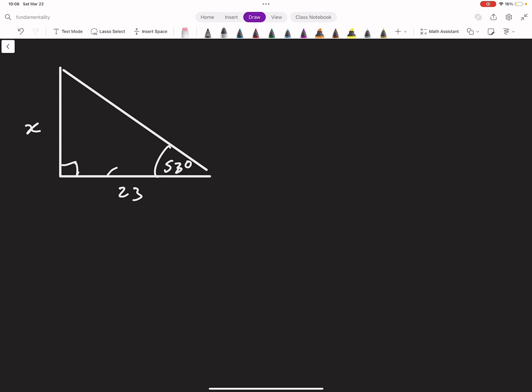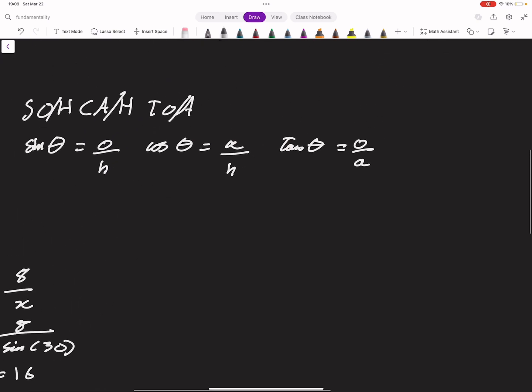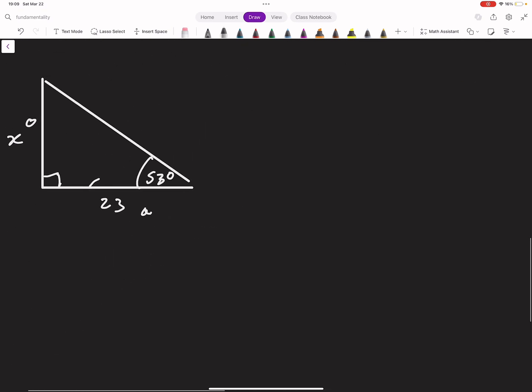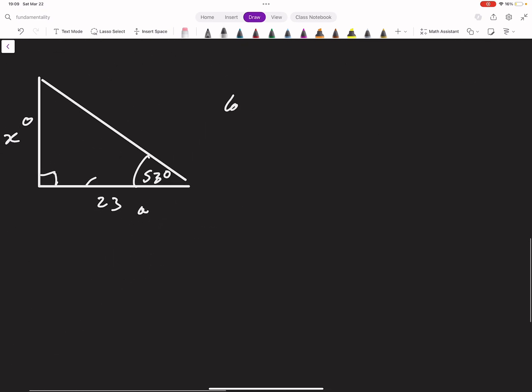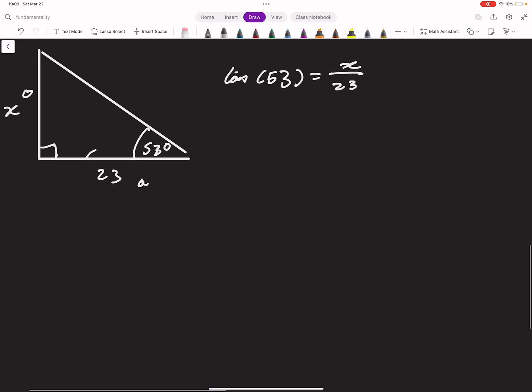We've got the adjacent because it's next to the angle, and this is the opposite because it's opposite it. Which one are we going to use? Tangent. So the tangent of 53 equals x over 23. How do we get x by itself here? You just multiply by 23.